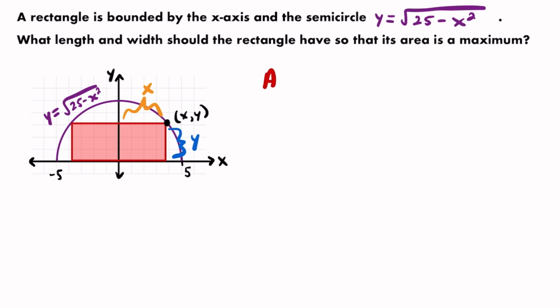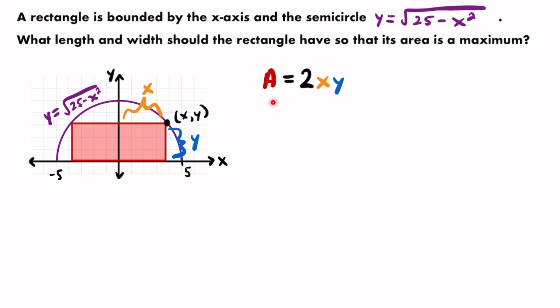The area would be equal to the length of the rectangle, which if half of it is x, then the entire length would be 2x, or 2 times x. So we'd have 2 times x, and then we're multiplying by the width, which is just y. All right, so we have 2x times y, and that will represent the area of this rectangle.